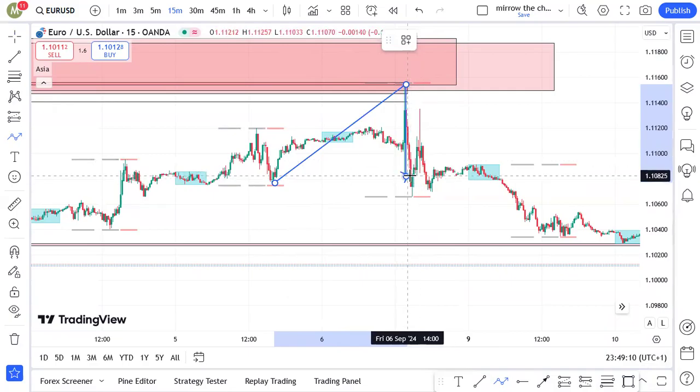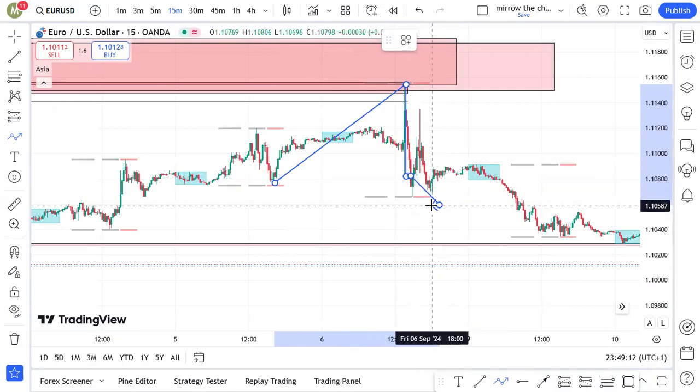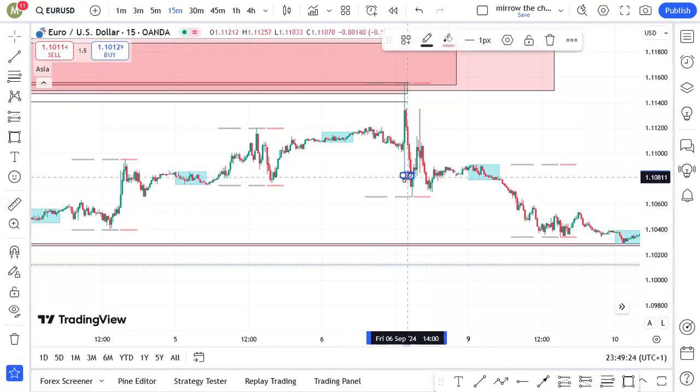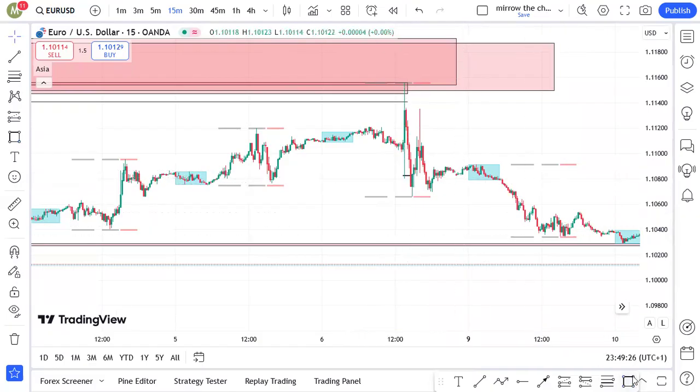There was a little break of structure here. Price broke structure here, leaving this guy for us to work with. After price rallied down, price touched our POI.